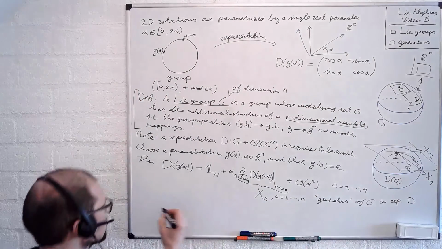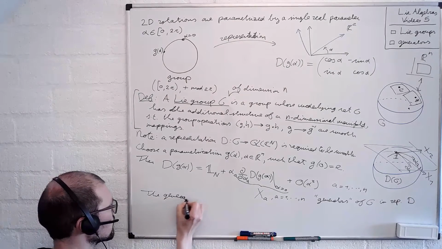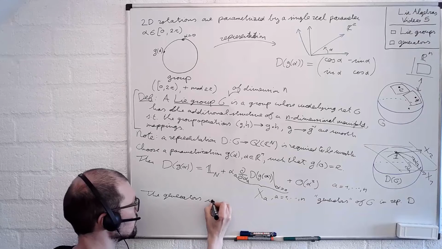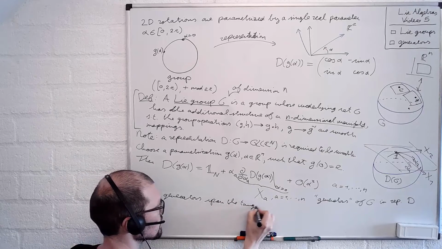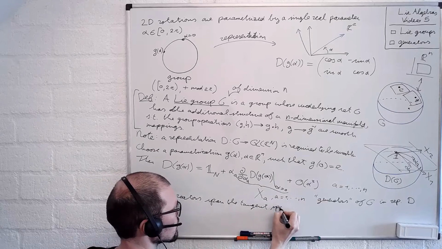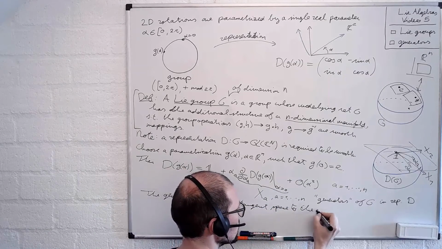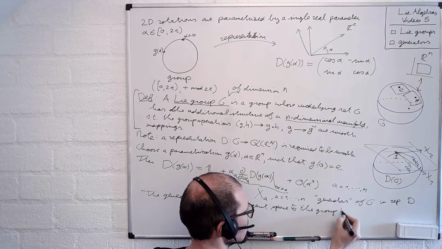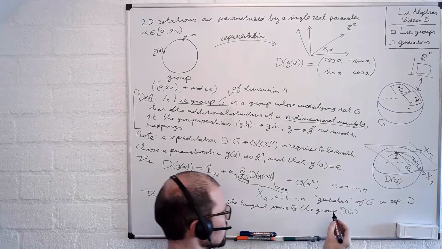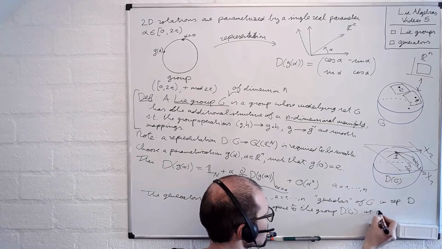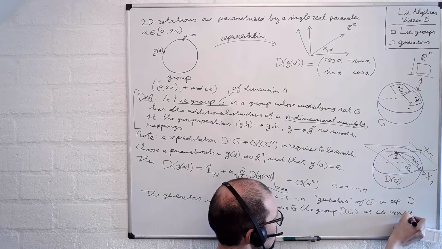So the generators span the tangent space to the group, or actually the matrices that I associate to the group, at the identity.